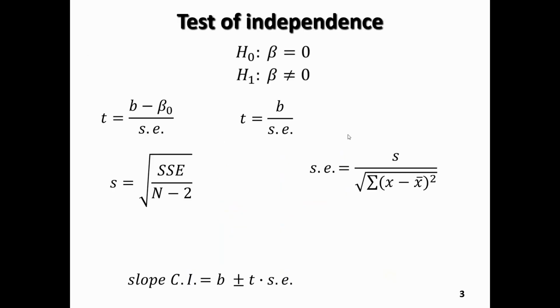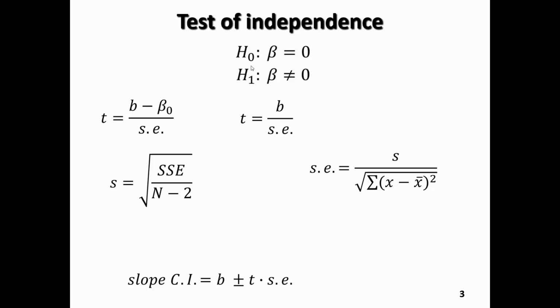From a statistical perspective, the test of independence, or regression analysis, once again here we're just going to focus on a single predictor model, follows the inferential testing approach, where we state a null hypothesis and a competing alternative hypothesis.